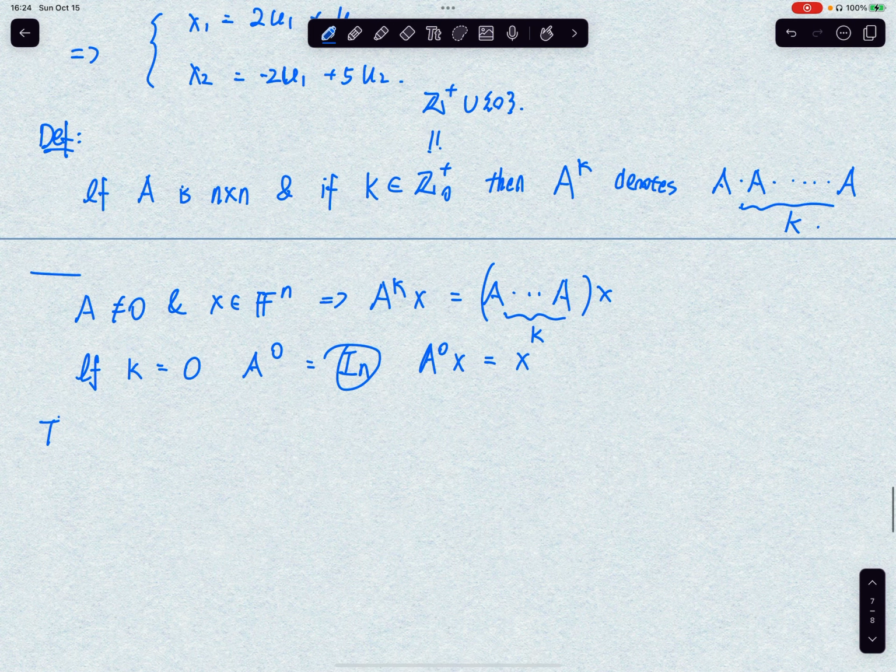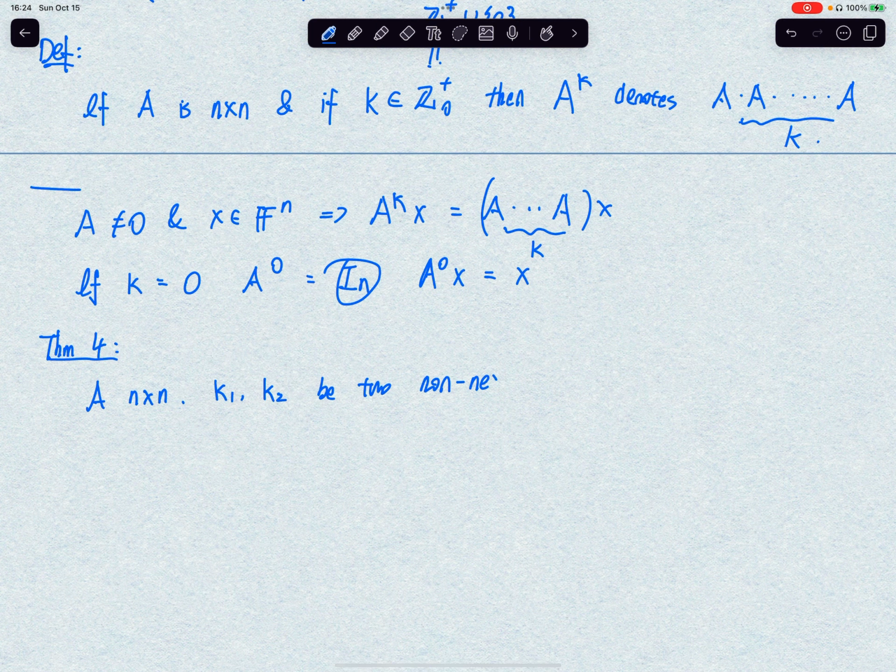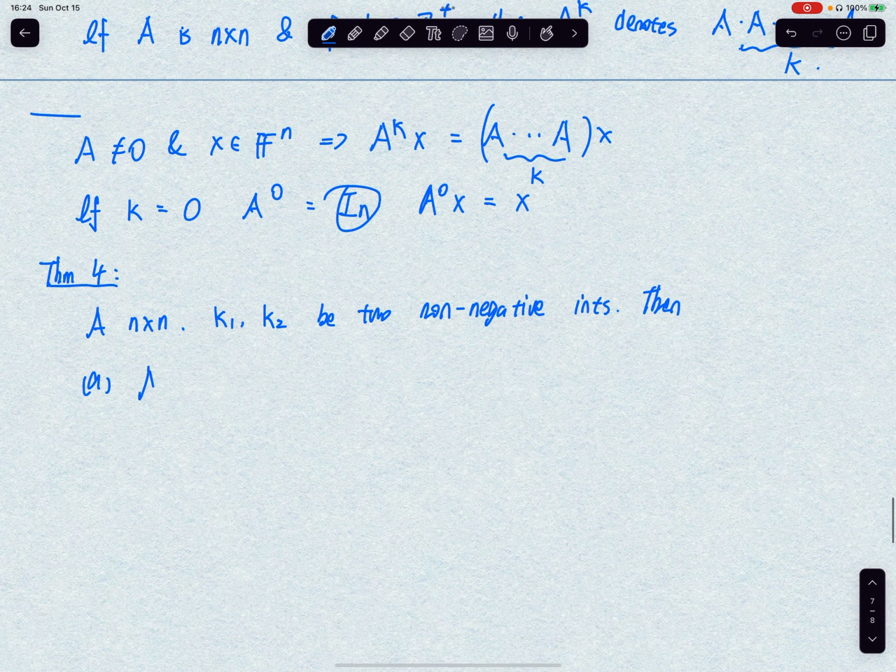And now we shall introduce the properties for the power of matrices. So still, let A be an n by n matrix, and let k1, k2 be two non-negative integers. Then we have, firstly, A^k1 times A^k2 equals A^(k1+k2).